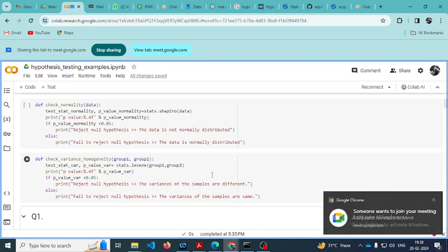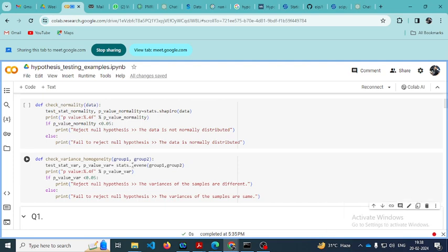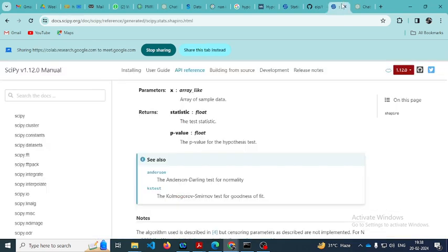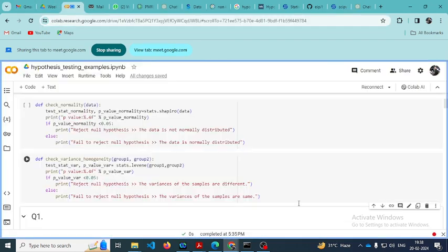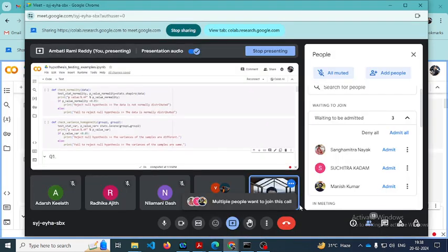If you want to check variance-related things, then you can go for the Levene function. If you want to learn more about these things, you may refer to docs.scipy.org to understand more about these functions.